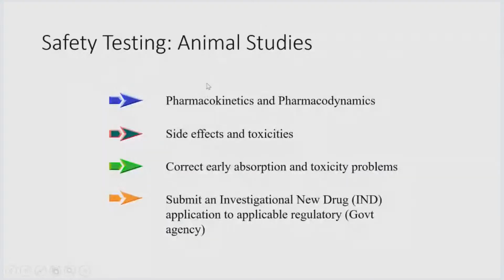So they understand the pharmacokinetics and the pharmacodynamics, which just says how the body responds to a drug, and how the drug is metabolized within a system: absorption, metabolism, elimination, followed by excretion. So these are your PK and PD.